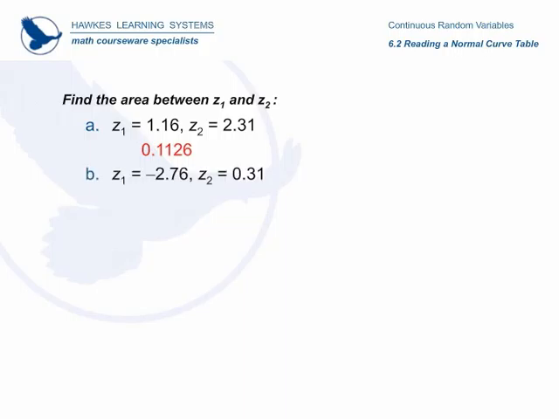For another example, with Z sub 1 equaling negative 2.76 and Z sub 2 equaling 0.31, the area between Z sub 1 and Z sub 2 would be 0.6188. If we have a Z sub 1 of negative 3.01 and a Z sub 2 equaling negative 1.33, the area between Z sub 1 and Z sub 2 would be 0.0905.